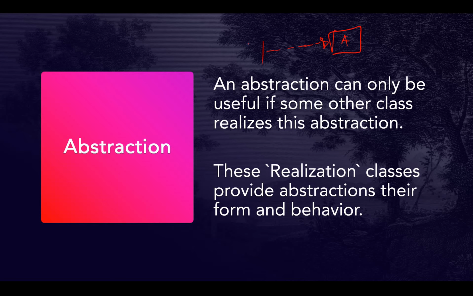And this realization class is just your normal concrete class that contains form and behavior. And this is where an abstraction truly becomes an interface of something, because another class, for example, I'm going to call it C, interacts with any realization class through this interface of an abstraction.